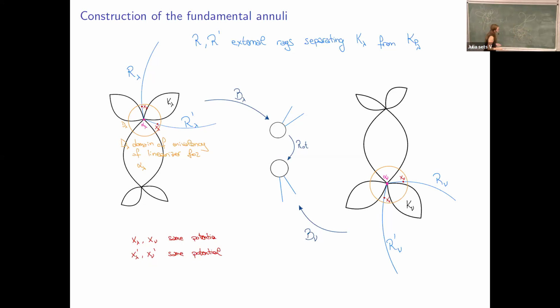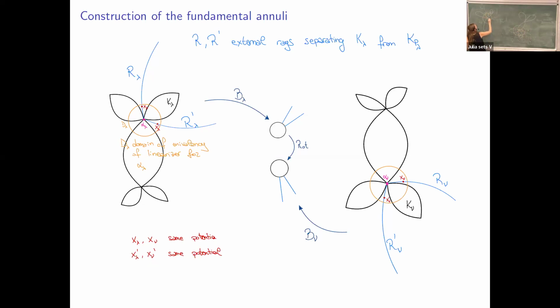And we take some points x lambda inside this domain on R lambda, x nu inside the domain, and on the polynomial map, yes, on R nu on the same potential. This is important, these 2 points. So the Böttcher map sends one to the other.